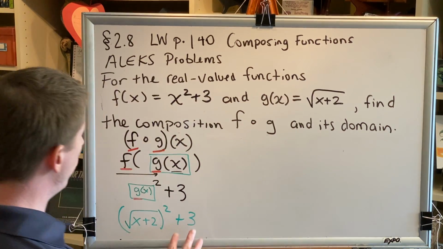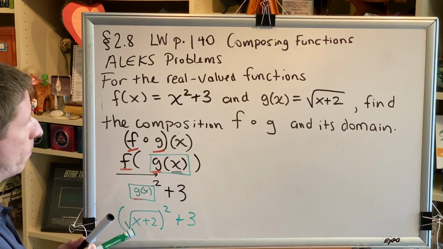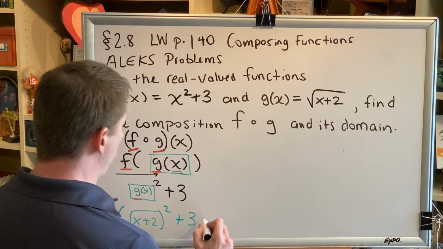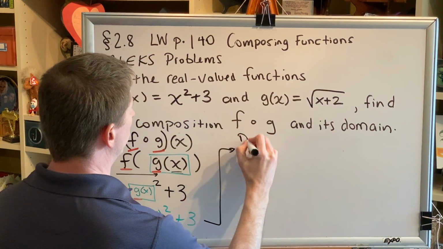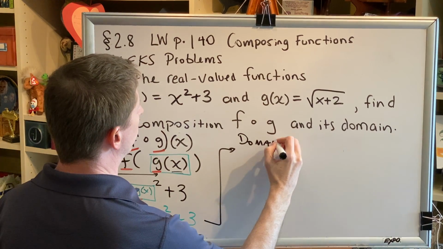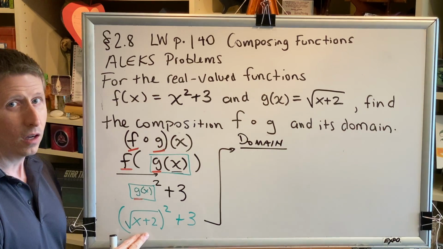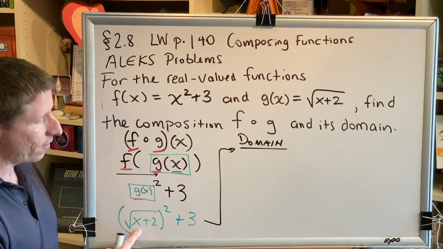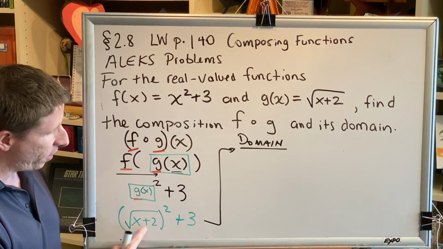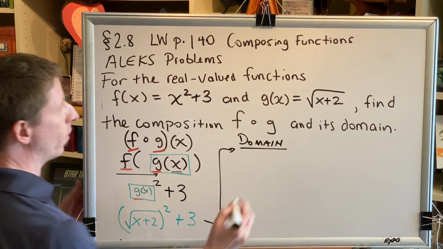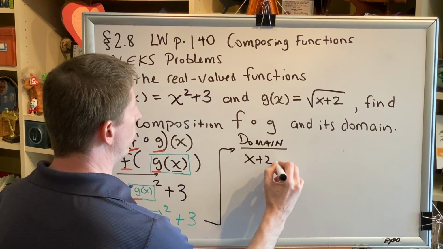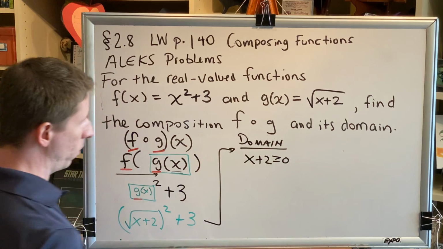So, now that we know that we're stopping at the correct time, let's go off and determine our domain. This is what we're going to determine the domain of. Notice that we have an even index radical. So anything underneath has to be greater than or equal to 0. X plus 2 has to be greater than or equal to 0.